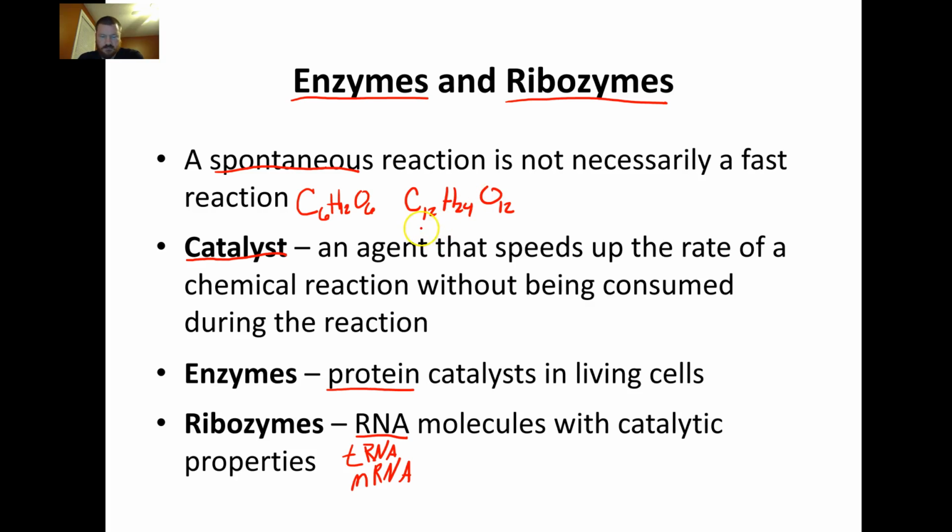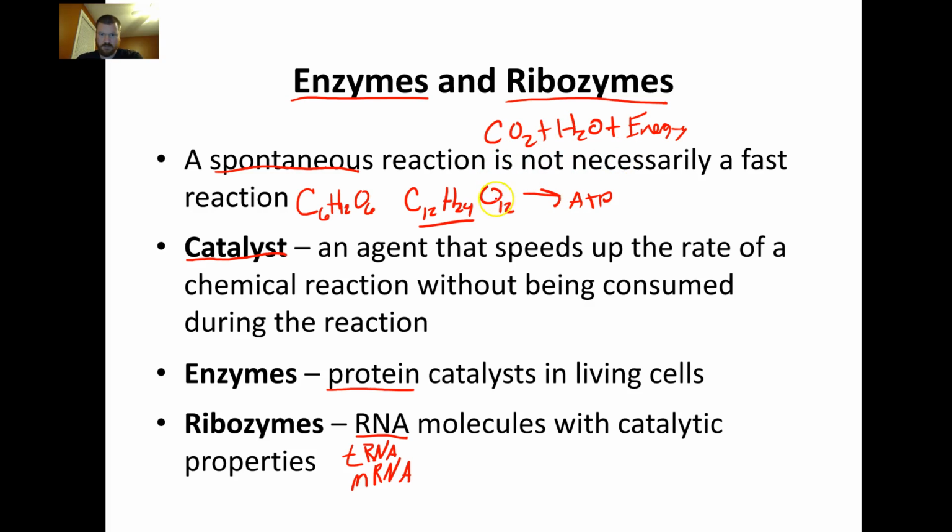Right? So if you put sucrose in your coffee or in your sweet tea or whatever, when you consume it, it doesn't take very long for you to turn that into energy, which in you would be ATP. But you could leave sucrose out on a table and it would slowly break down into CO2 and H2O, just like it does in you, and also in the process it would release some energy too, just not in the form of ATP.